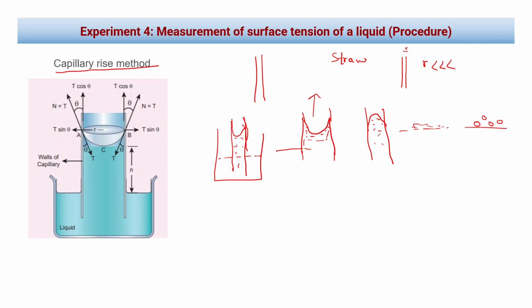Since we know surface tension acts tangentially, here it's acting in this direction. Surface tension, let's denote as S or T, whatever you want. Let's denote it using T. Here also it's acting tangentially. Here also tangentially it will act.